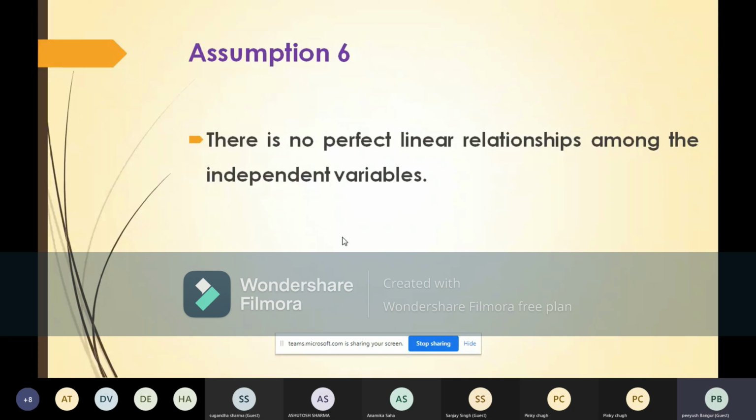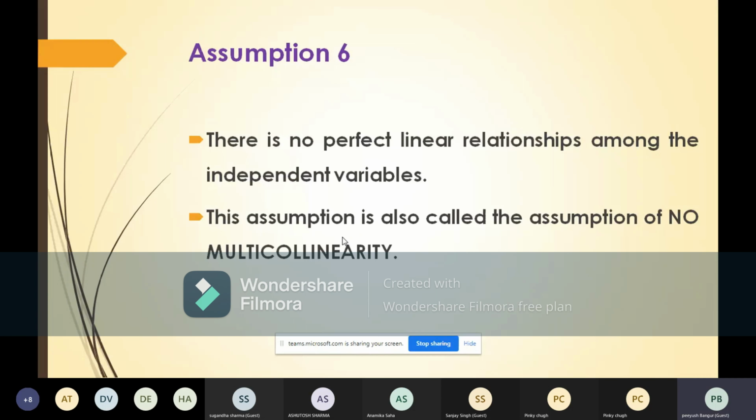When you are performing a simple regression model, you have only one variable, so there is no chance of any relationship between independent variables. So this assumption is for multiple regression, not for simple regression. This assumption is also called the assumption of no multicollinearity.